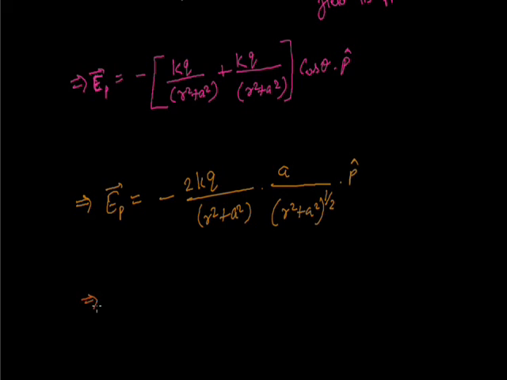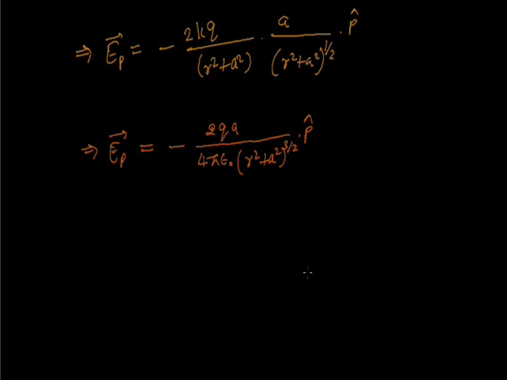So E P vector will be given as, we can write k as 1 upon 4 pi epsilon naught, 2qa upon 4 pi epsilon naught into r square plus a square whole power 3 by 2, into p cap. So this will be the electric field at any point on the equatorial plane of a dipole.